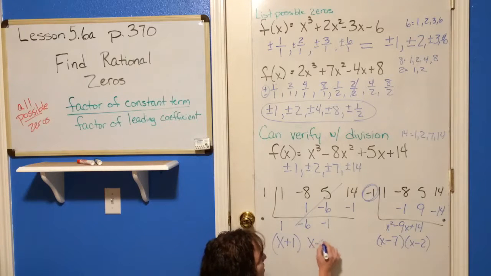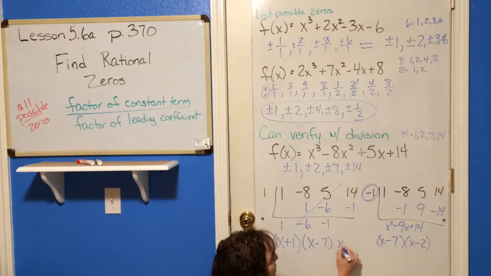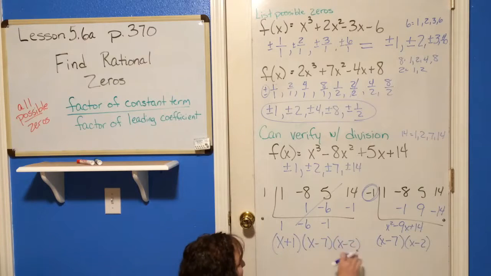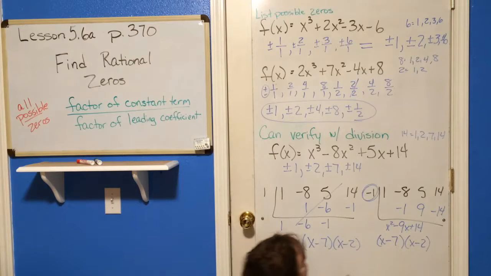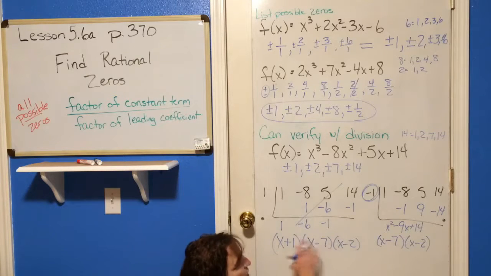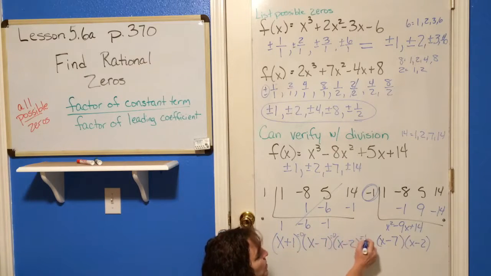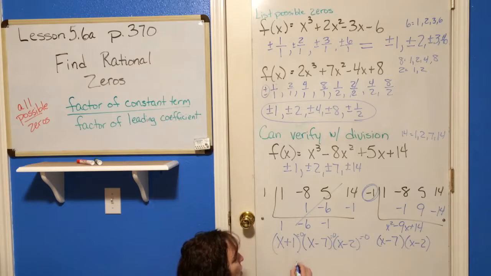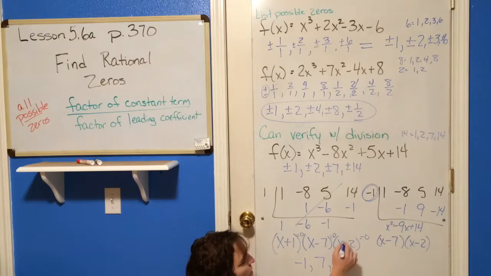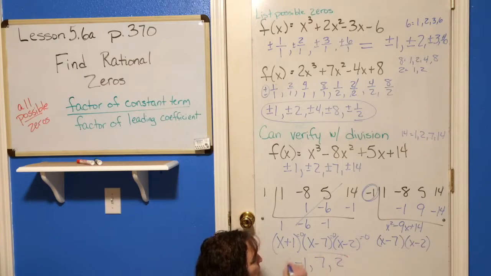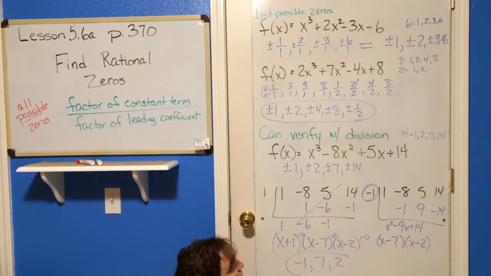This is our factored form, but the question is, what are the zeros? Remember, this is where you set each one of them equal to 0. So subtract 1, -1 is a zero. Add 7, 7 is a zero. Add 2, 2 is a zero. So there are your 3 zeros for this function.